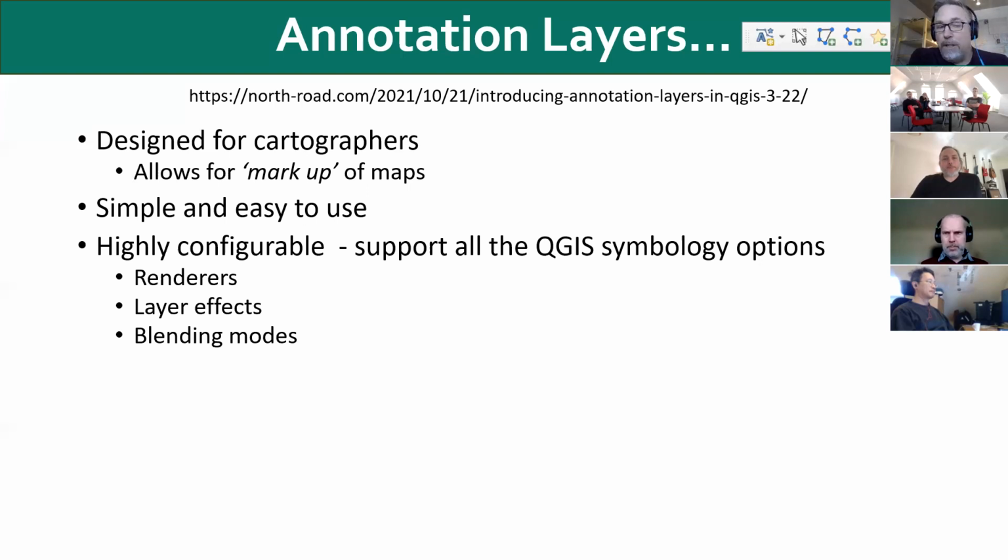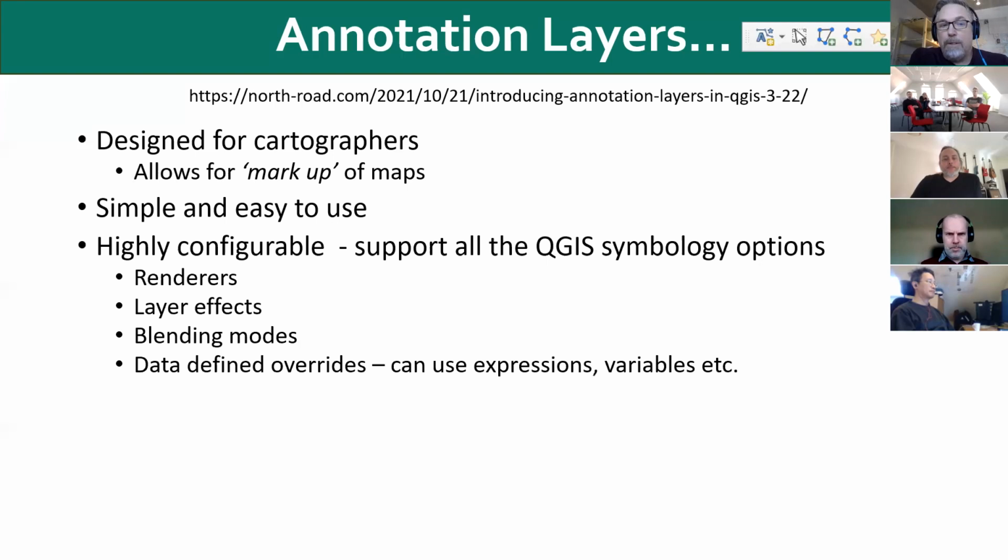They support blending modes, data-defined override, so you can use expressions in text, for example, that you want to put on the map as an annotation. You can use variables, so you could have project or layer level variables that you use in defining the text.